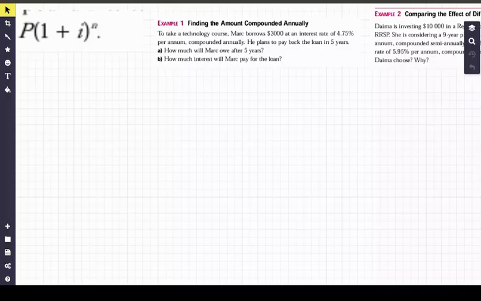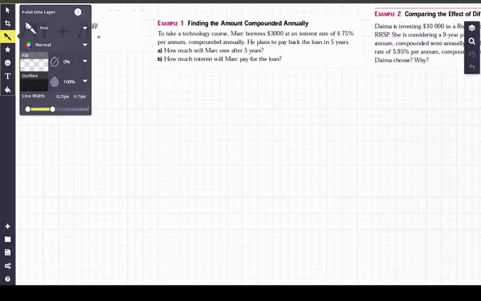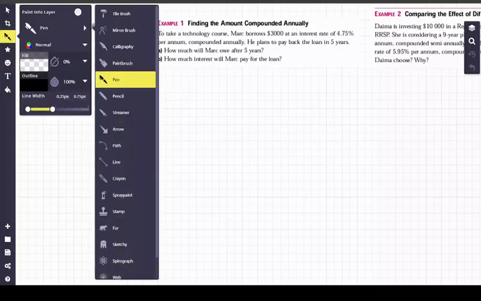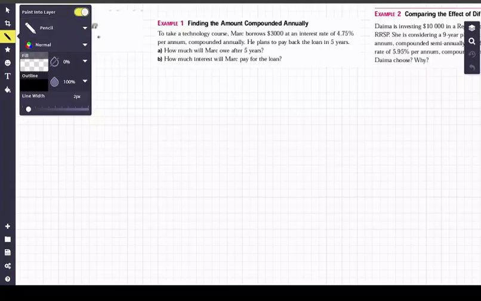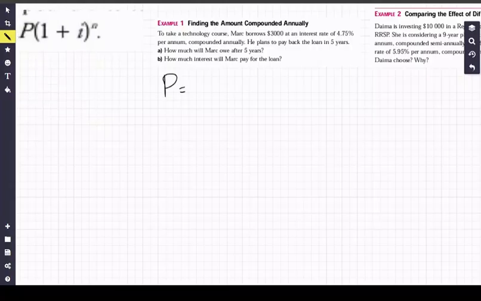Let's list out all the variables. The principal, which is our starting amount. Since we borrowed 3,000, that is clearly our principal. Now our interest rate, which is i.